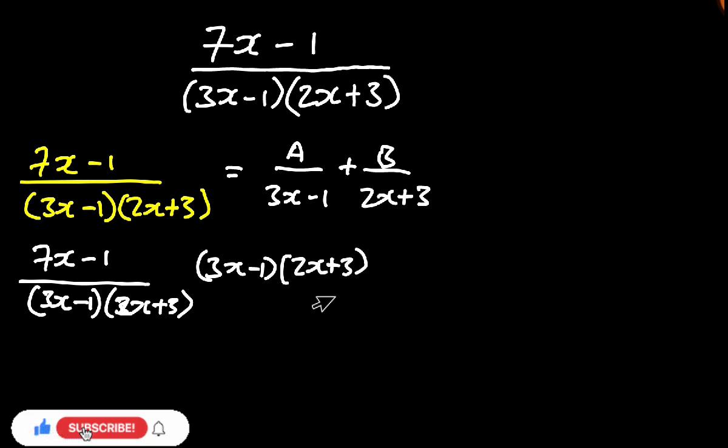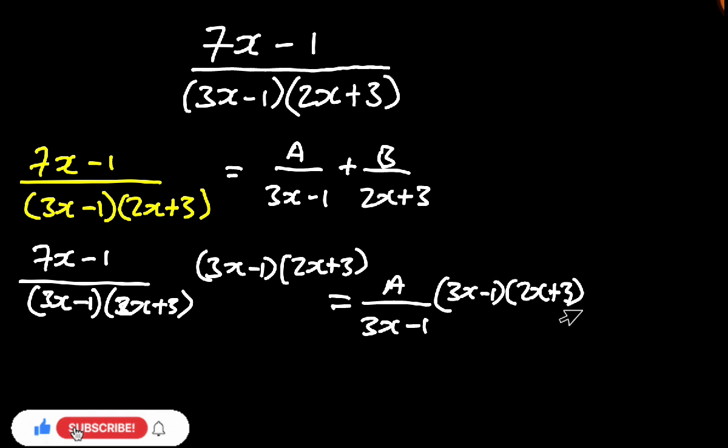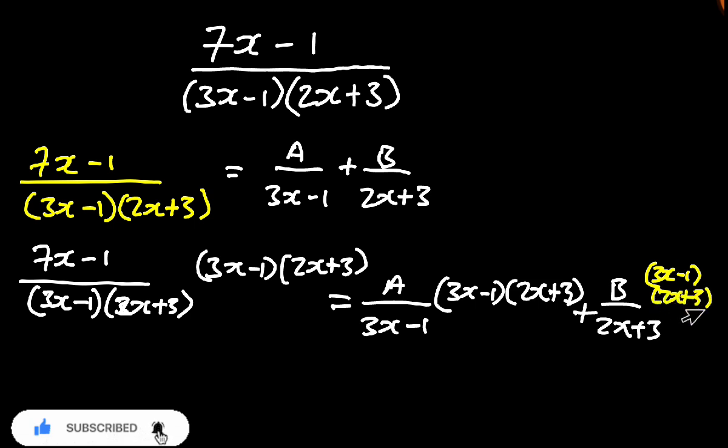Then we have equals A over (3x - 1), multiplied by the LCM again, (3x - 1)(2x + 3), plus B over (2x + 3), multiplied by (3x - 1)(2x + 3). Now, from the left hand side, this and this will cancel.